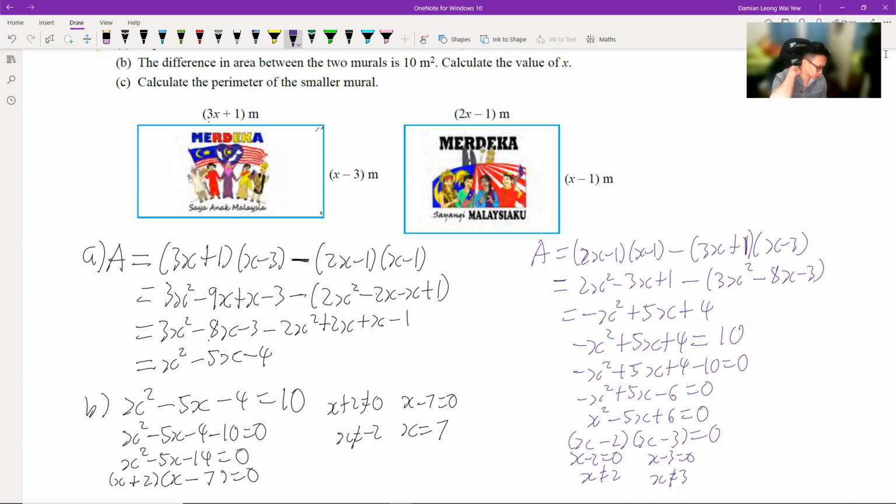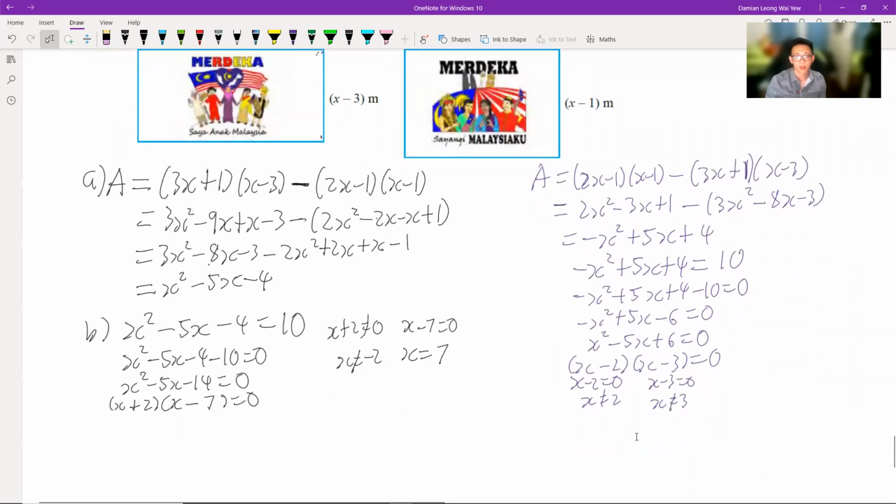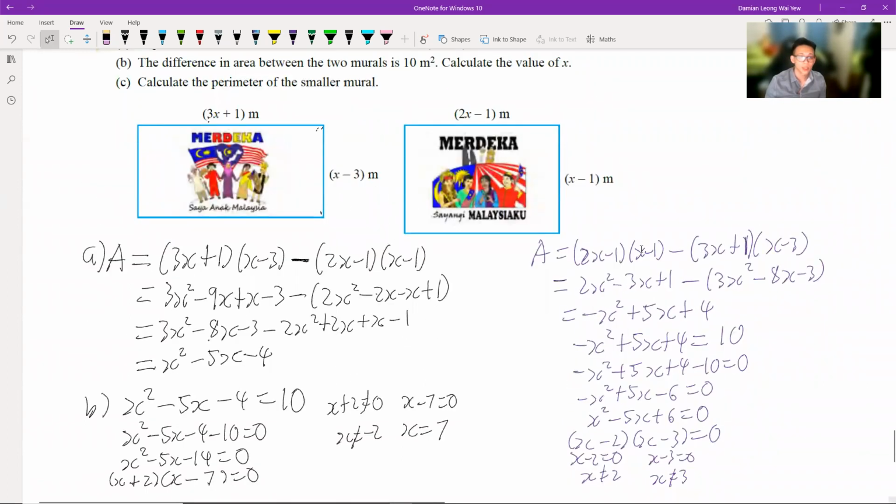Okay, but if you end up assuming this one is bigger, then this is what you will get. Okay, you will end up with both x values not possible. Okay, which usually the question will avoid putting you in such a predicament.